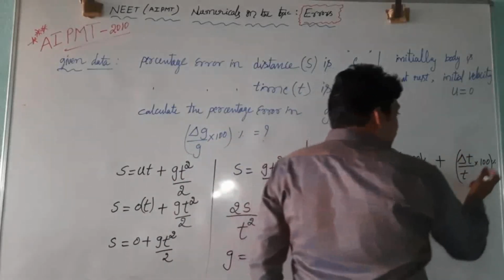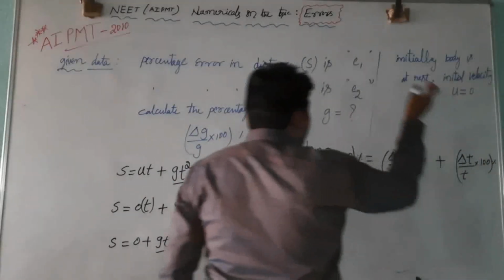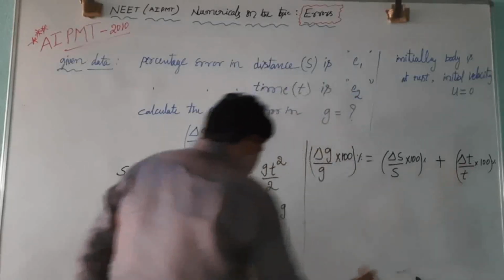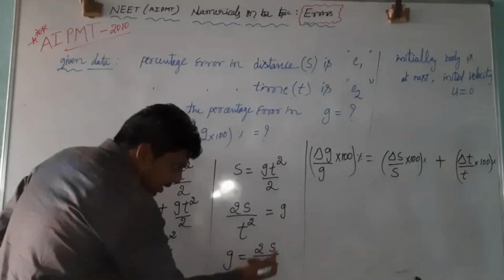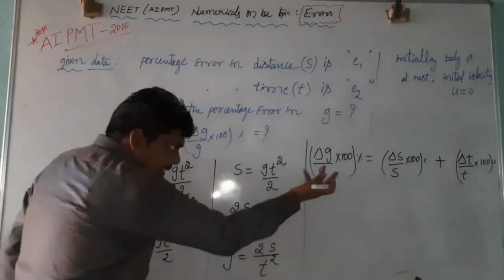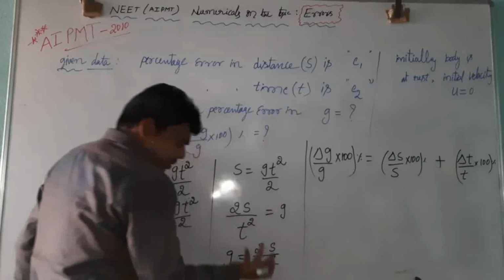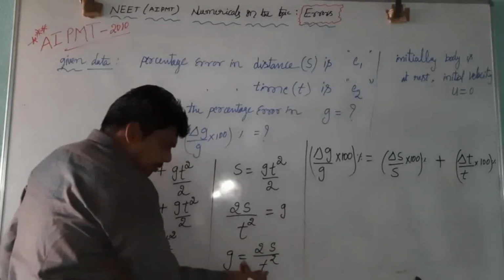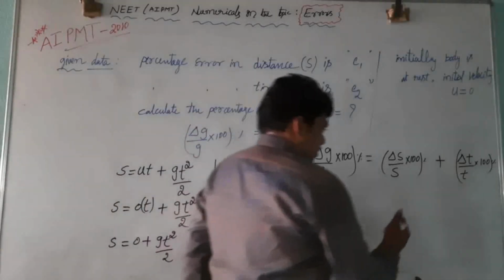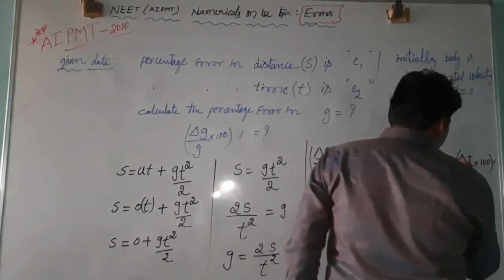Delta t by t into 100% is nothing but the percentage error in the time, indicated by E2. In s by t squared, s is to the power 1, so there is nothing to consider for s, because there is only 1. But for the time, what is the power? 2 is there. So what do we have to consider? Yes, we have to consider the 2 into.